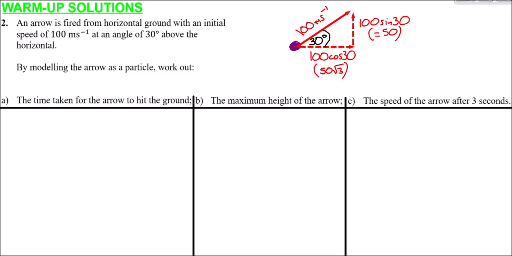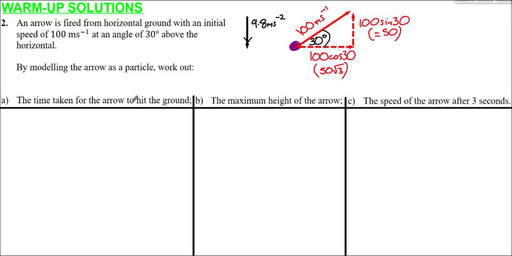The time taken for the arrow to hit the ground. Well, going down on the arrow is a force, which is a force of gravity. So obviously, there's going to be an acceleration going downwards of 9.8. So if I add this on here, acceleration downwards due to g, 9.8 meters per second squared. This is actually a constant acceleration question.